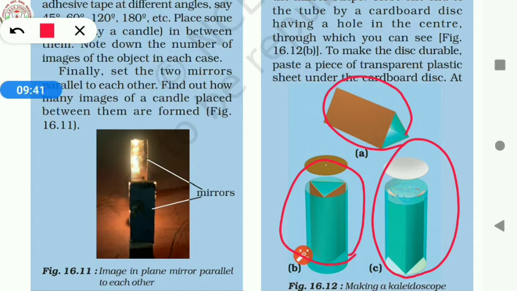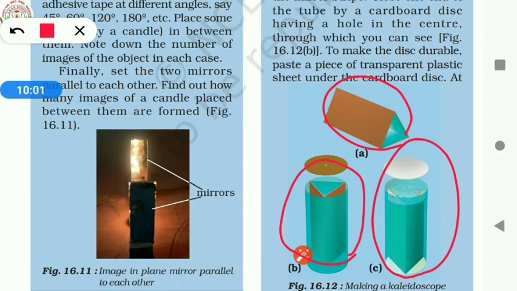Designers of wallpapers and fabrics and artists use kaleidoscopes to get ideas for new patterns. To make your toy attractive, you can wrap the kaleidoscope in colored paper.